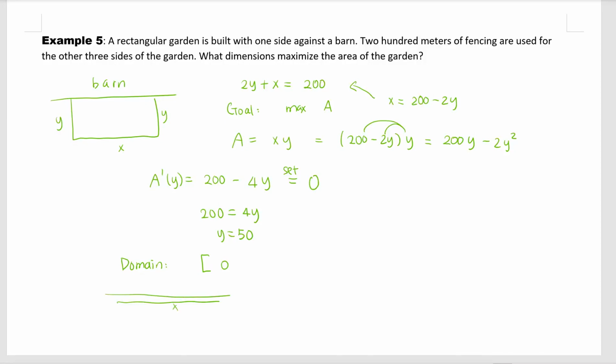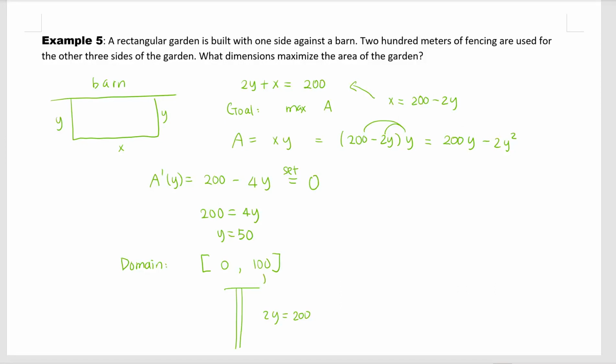You don't have any y. Okay, how big can y be? Well, the biggest y is when you only have y and you don't have x. So you use all the materials to build y. So it means 2y is 200. That means y is 100. So this is the biggest it could be.